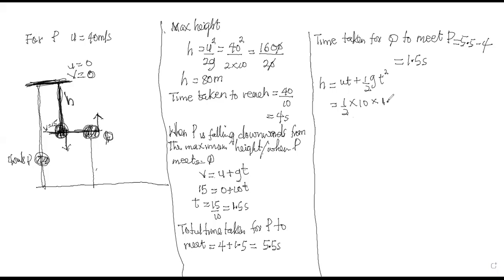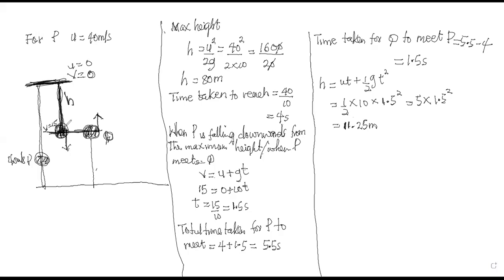So 5 times 1.5 squared. Class, what is 5 times 1.5 squared? Square 1.5 and multiply by 5. 11.25 meters.